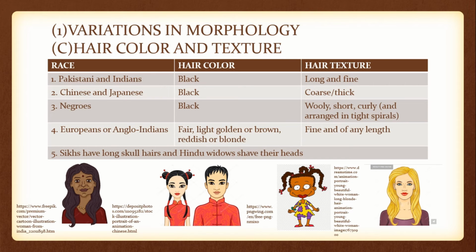If the hair color is fair, light golden or brown, reddish or blonde, and hair texture is fine and of any length, then the race of that living person would most obviously be European. He or she would be a European or Caucasian or Caucasoid. And lastly, Sikhs have long skull hairs and Hindu widows shave their heads. This is all about hair color and hair texture, and how the differences in this morphologic feature can help us in determining the race of a living person.